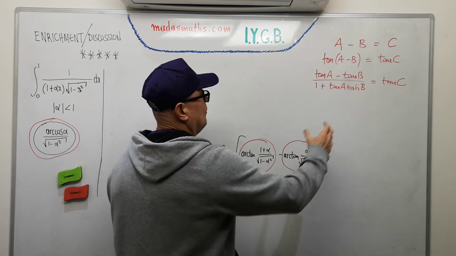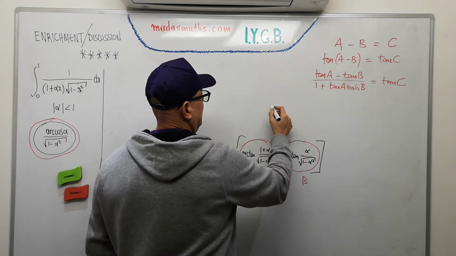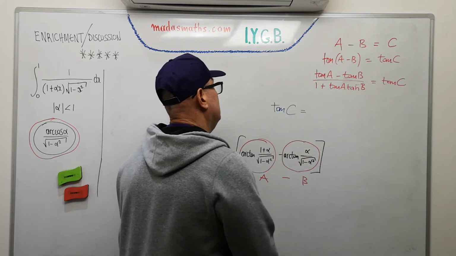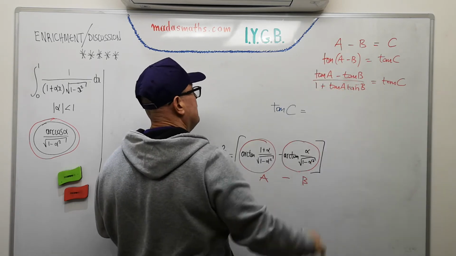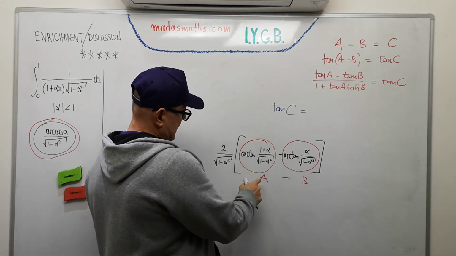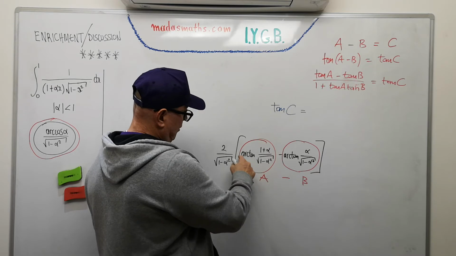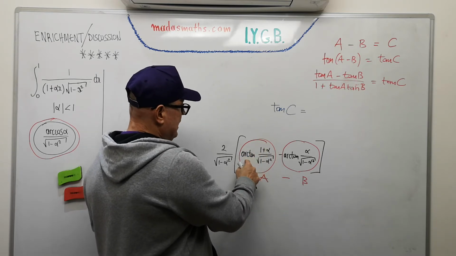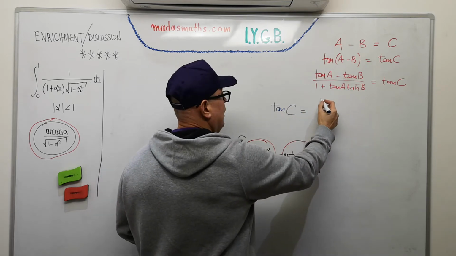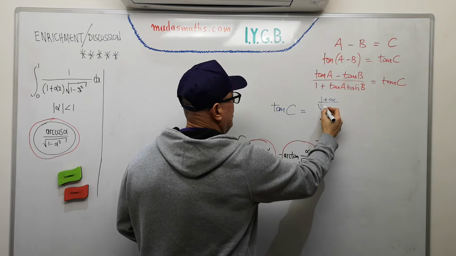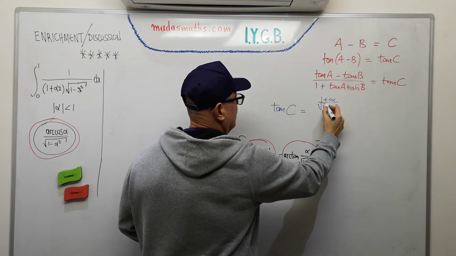Let's switch pens. I'm going to write the tan of C on the left, somewhere here, and start thinking about this tan of A. What the hell is tan of A? The tan of A is the tan of this. But that's an arctan, so the tan of the arctan of this is 1 plus alpha over the square root of 1 minus alpha squared.